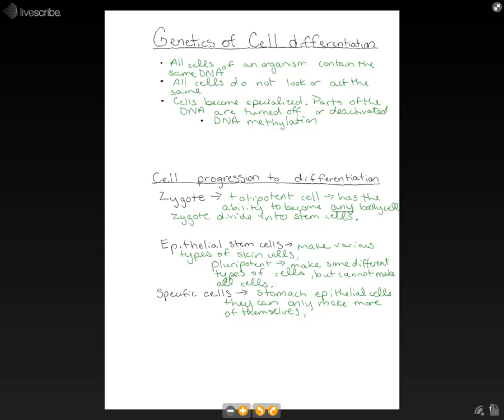So they can only make one type. So therefore they're specialized. So this is kind of our path, getting from our zygote all the way to our specialized cells or specific cells.